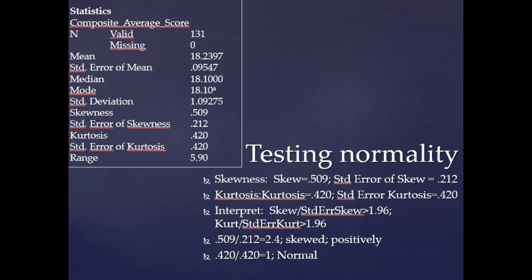So if we use these descriptive statistics to get a sense of normality, we've got some information that we can use. In looking at skew and kurtosis, and I'm going to break this down a little bit more in another slide to show how these calculations work out, in interpreting, okay, what's this skew?